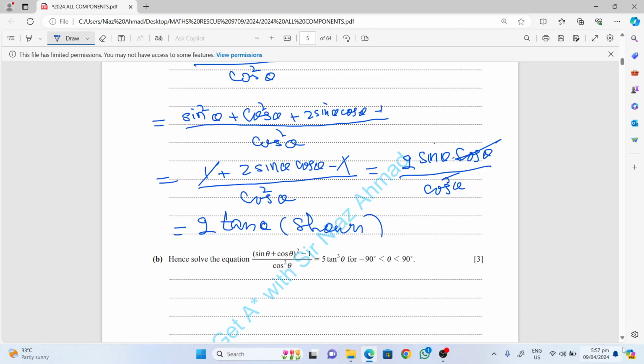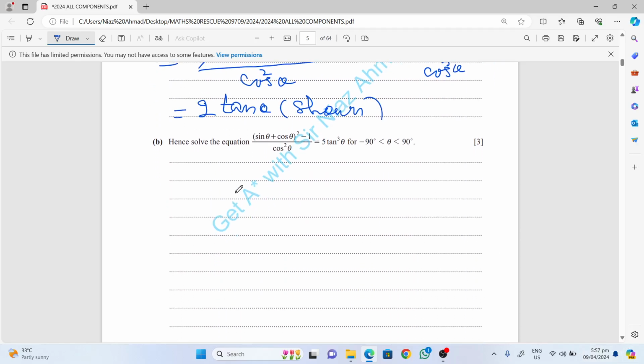Now part 2. Hence means you need to take from part 1 and solve this equation, that is equal to 5 tan square. So we have proven that it's 2 tan theta. 2 tan theta equals 5 tan cube theta.